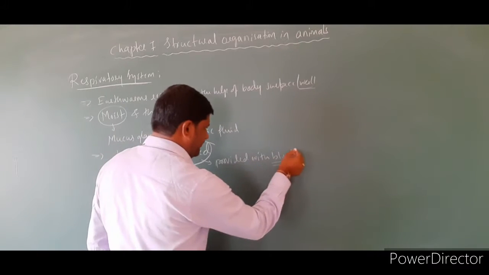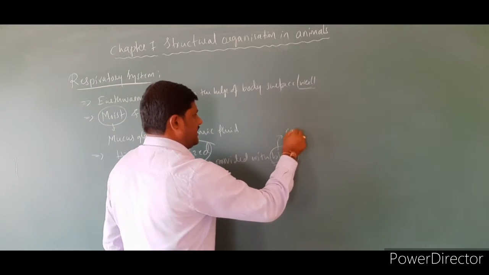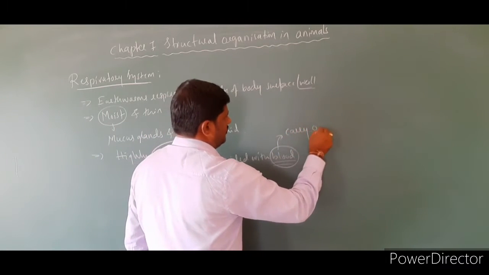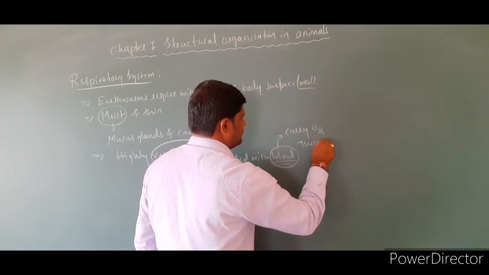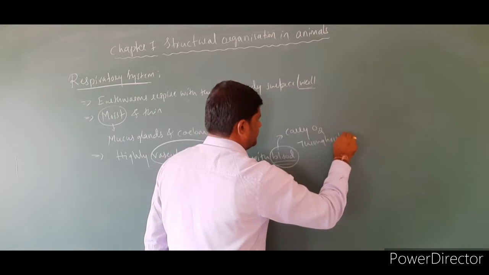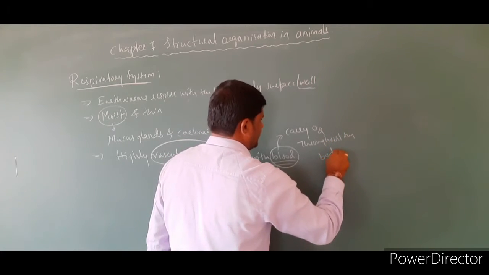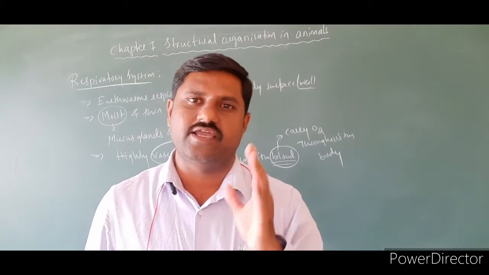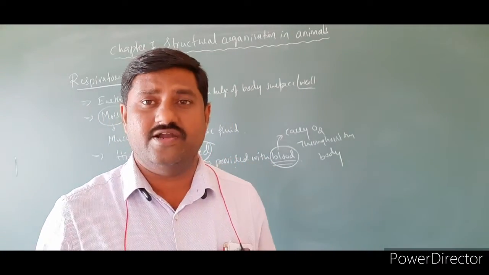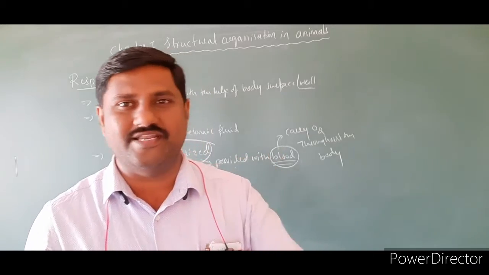So blood carries oxygen through the body, so that each and every cell of the tissues gets the required oxygen as well as nutrients.